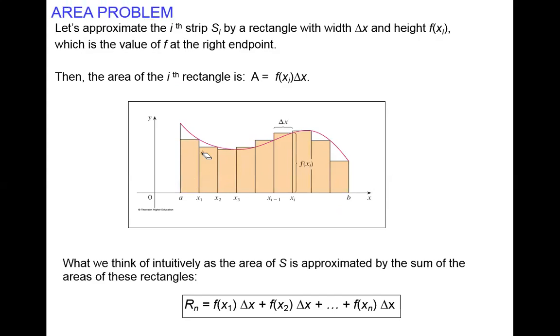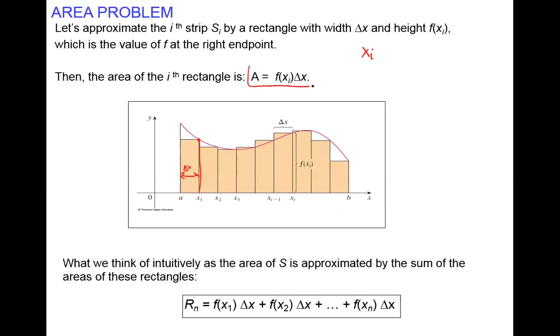And adding all of these rectangles, the area is just delta x times the value for the sample point. That means the sample point we will call x sub i, like the ith rectangle.